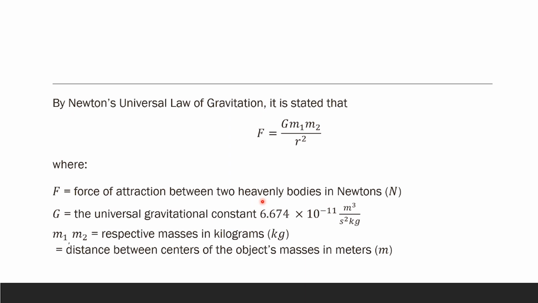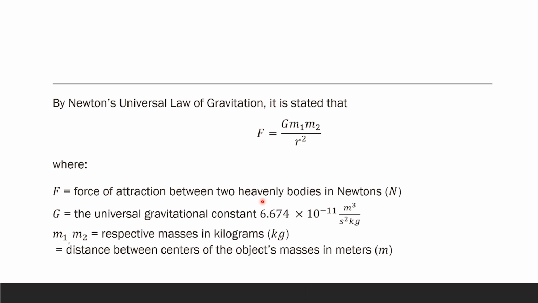Now, kung yung Earth at Venus, meron silang certain distance from each other. Let's say that is yung R natin. And then may kanya-kanya silang mass. That's m sub 1 and m sub 2 respectively. And G is the universal gravitational constant. Then there is a force na humihila sa kanilang dalawa. Naghihilaan silang dalawa. And that is yung ating F. So, in this equation, F natin is the force of attraction between two heavenly bodies, in newtons.